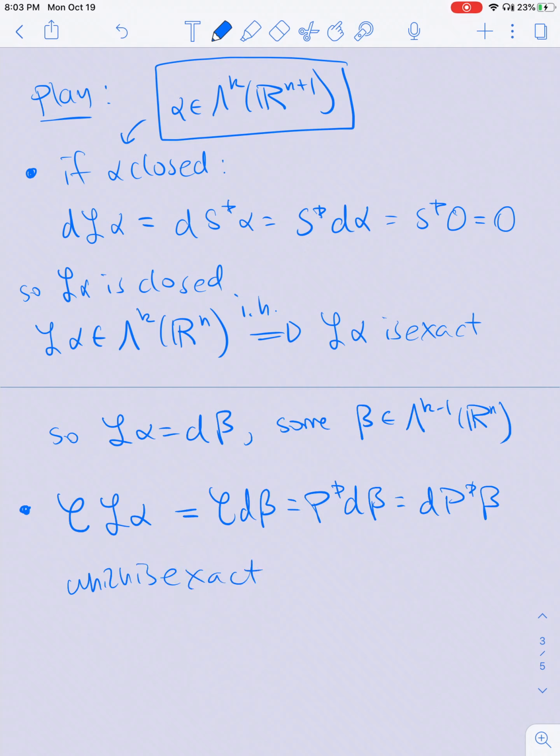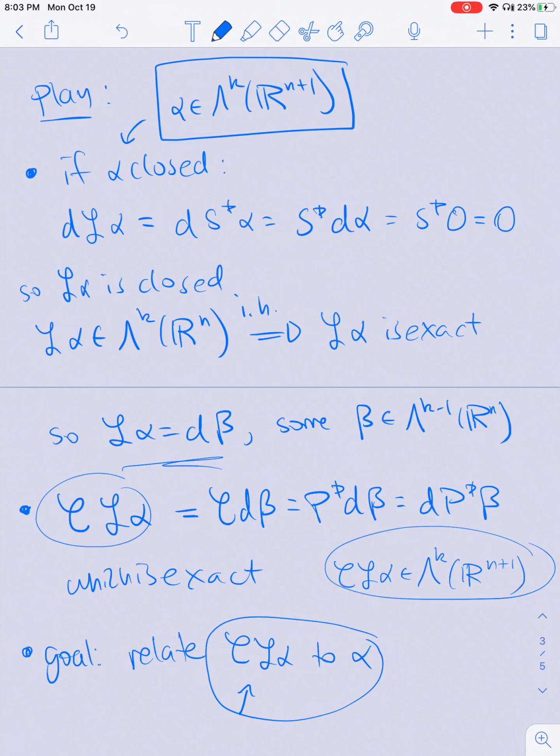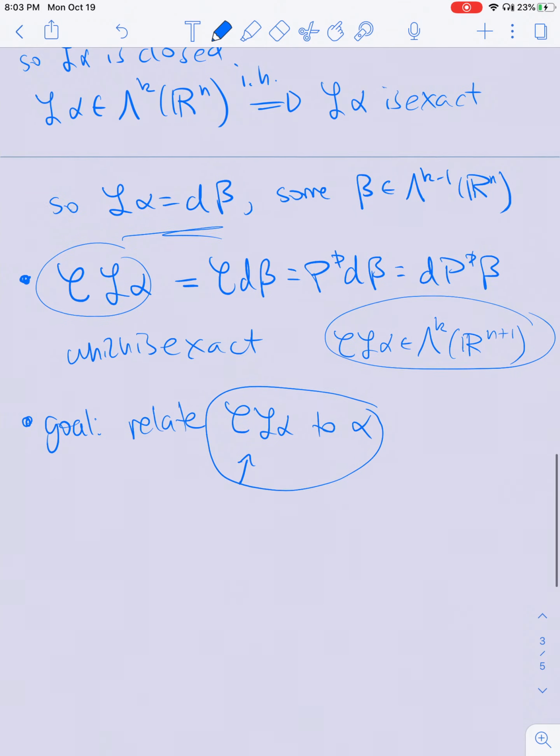So our goal for our proof is to relate, oh, and L alpha is also exact, but the nice thing about CL alpha is that L alpha was a k-form on Rn, but CL alpha is now again a k-form on Rn plus 1. So we can relate CL alpha to alpha. CL alpha is exact, and we want to show that the difference between CL alpha and alpha is also exact.